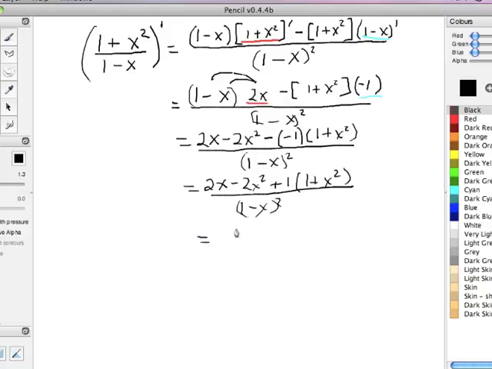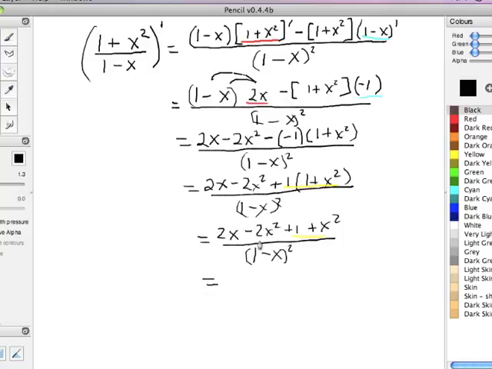Now let's simplify the top a little more. 2x minus 2x squared plus 1 plus x squared, right? So all I did in this step was distribute that plus 1, right? Okay, and that's all over (1 minus x) squared, and that's equal to, we can combine some like terms.